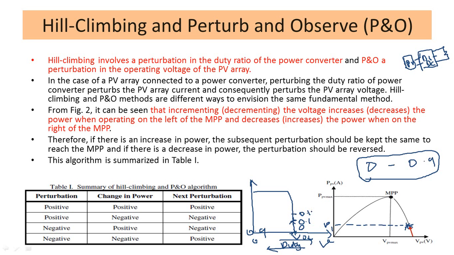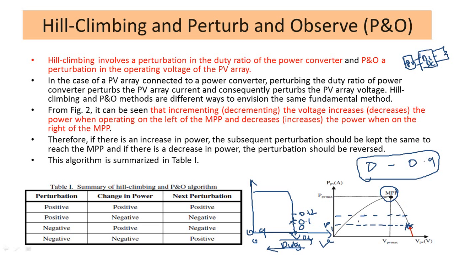When I see the power difference compared to 0.1, the slope of power is increasing. If 0.1 is there and I am increasing to 0.12, my power value magnitude is getting increased. So I will keep on incrementing my duty cycle until it reaches some point, which is the MPP point.